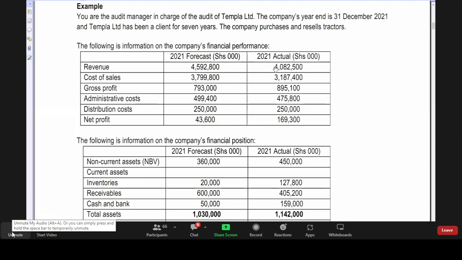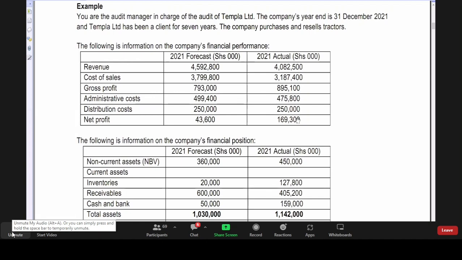But when you see the revenue has reduced, but the profit is more than the forecasted, that is an indication that probably within the cost of sales, the inventory is understated. And if it's understated, it leads to an increase in the net profit.